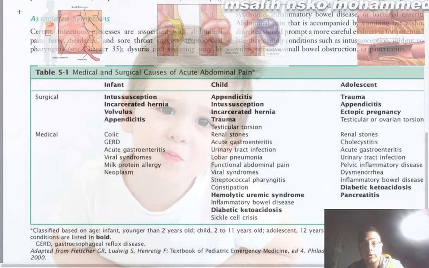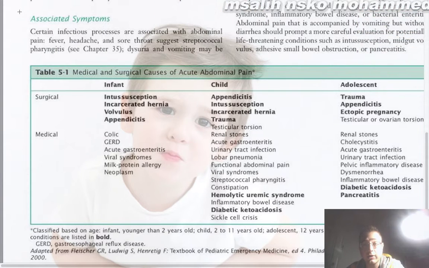And right now, about the child, surgically we have appendicitis, invagination of the intestine, hernia, trauma, testicular torsion, renal stones, acute gastroenteritis, urinary tract infection, labor, pneumonia, functional abdominal pain, viral syndromes, streptococcal pharyngitis, constipation, hemolytic uremic syndrome, inflammatory bowel disease, diabetic ketoacidosis, and some other causes.